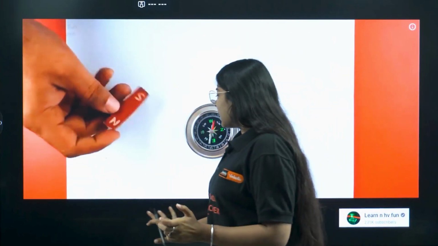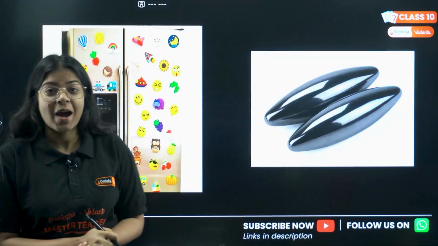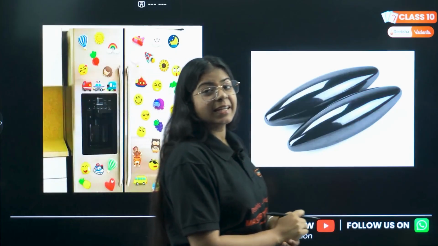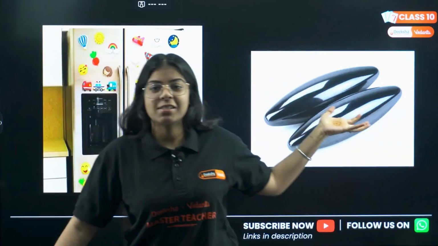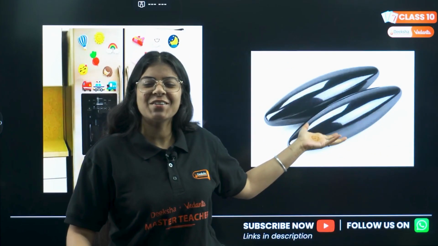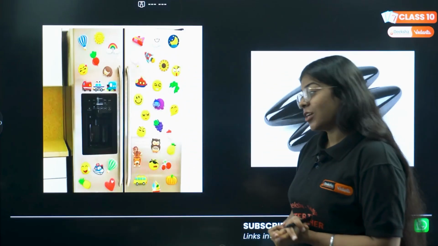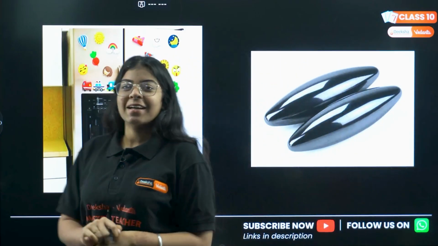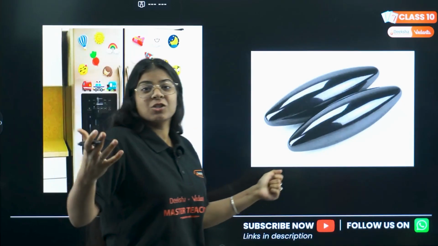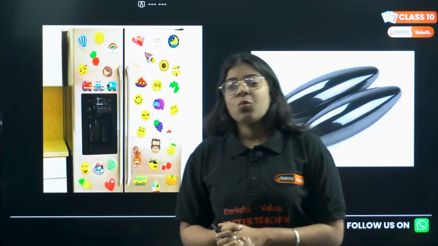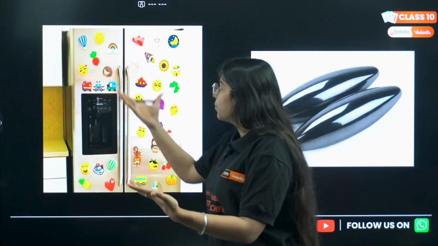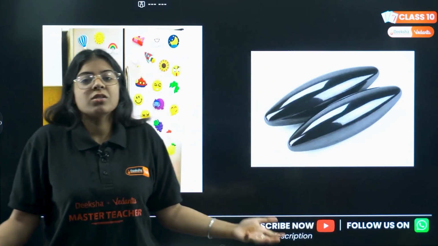Now, you definitely have some fridge magnets in your house, right? Or you've played with these, we used to call it chumbak. These are magnets from our school days. I don't know about your generation, but we used to play with these in our school. What are these? These are magnets because they stick to the fridge. Why do they stick to the fridge?